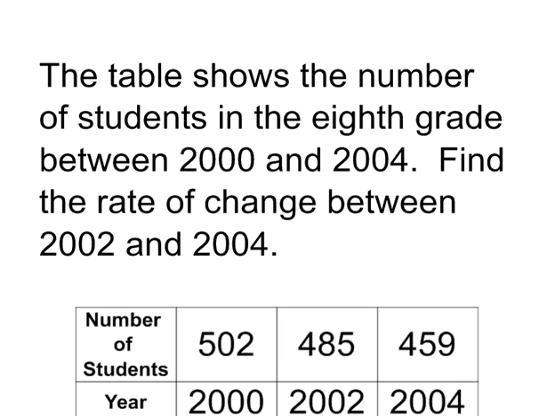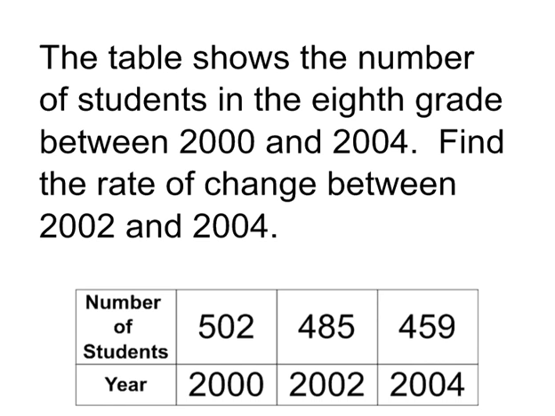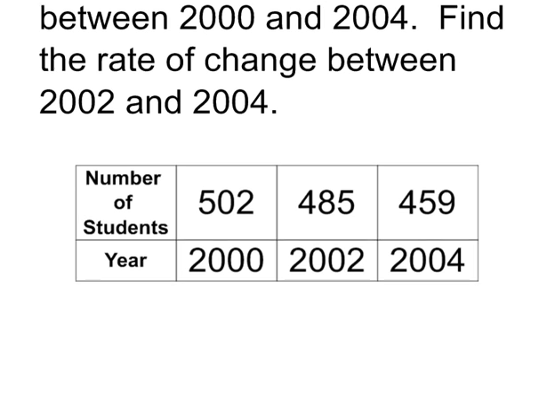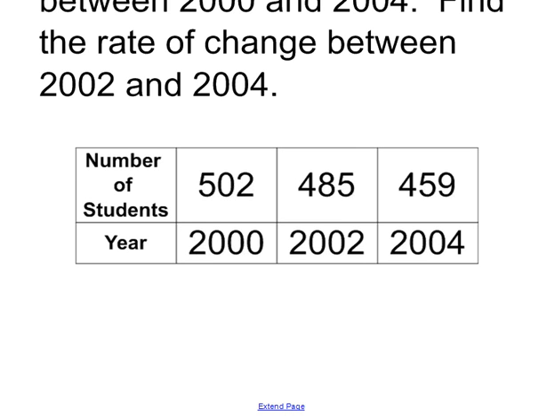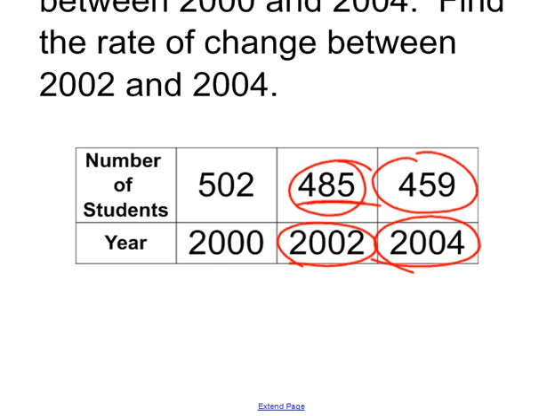The table shows the number of students in the 8th grade between 2000 and 2004. Find the rate of change between 2002 and 2004. Well, look at these two numbers. The number of students actually went down.